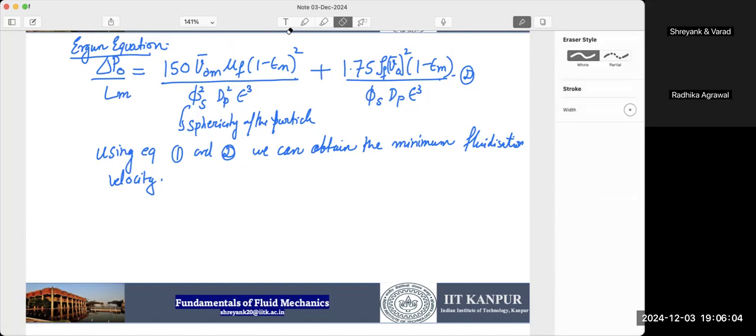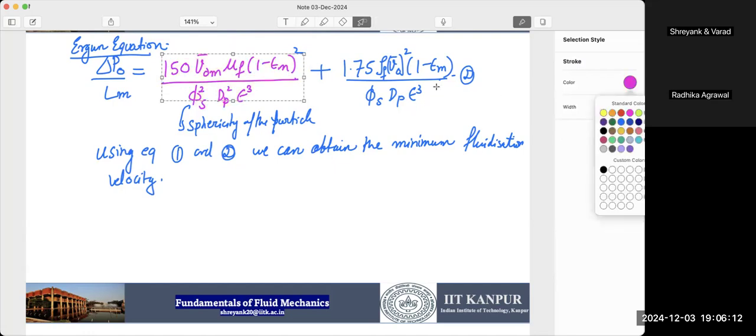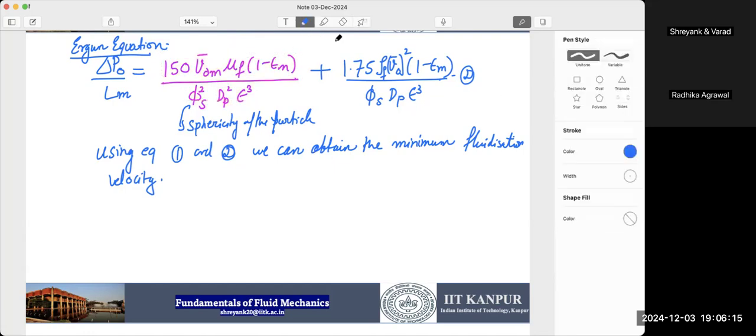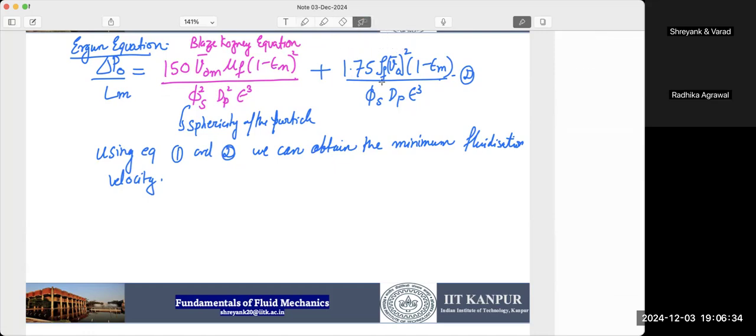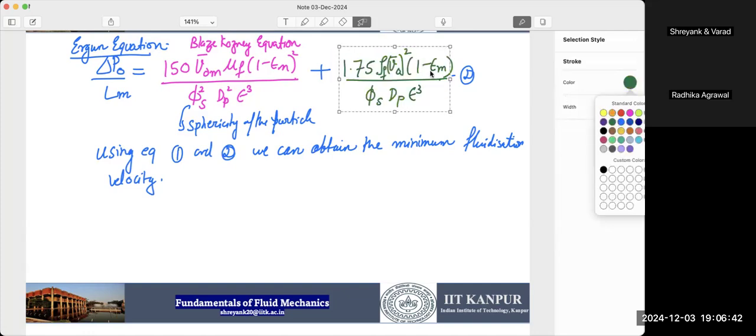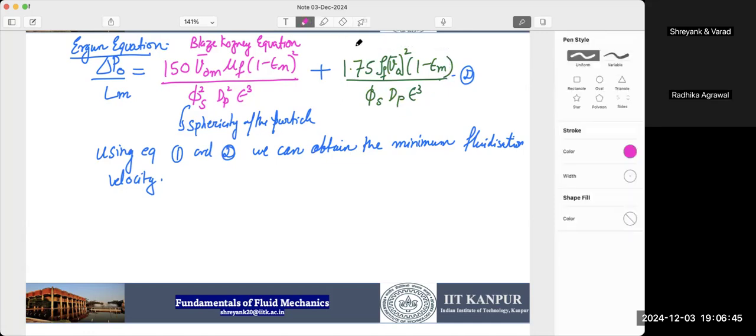This part is my Blake-Kozeny equation, and this part is my Burke-Plummer equation.